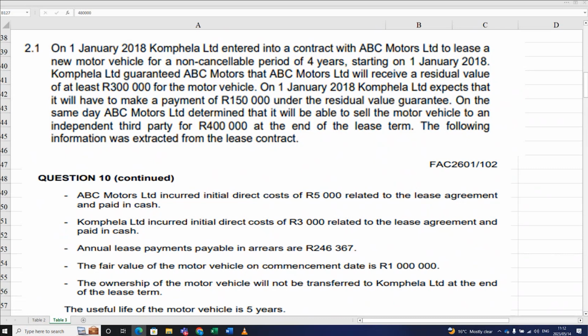When we're working out the lease liability portion of it, we would need that discount rate. In this case, it would be the implicit rate in the lease. So let's get going with that.